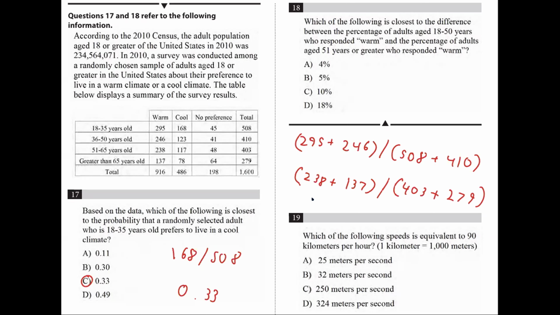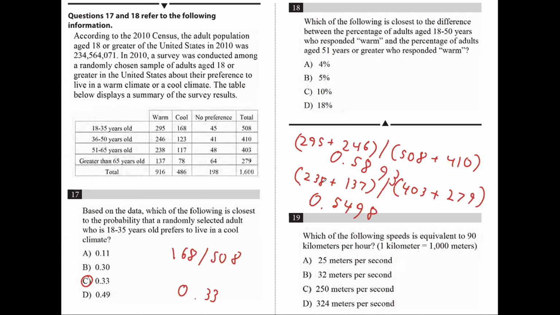So the bottom one is going to be 0.5498, and then the top one is going to be 0.5893.